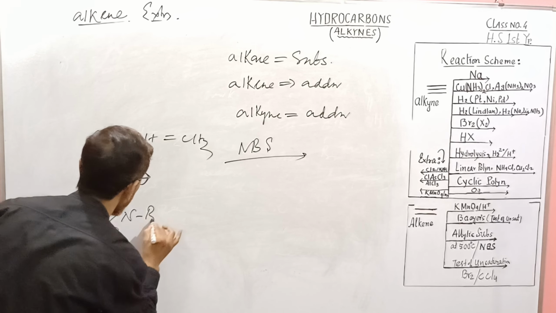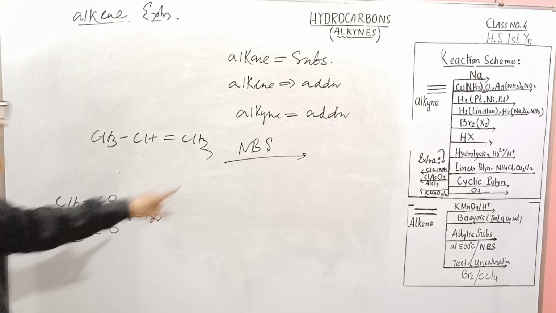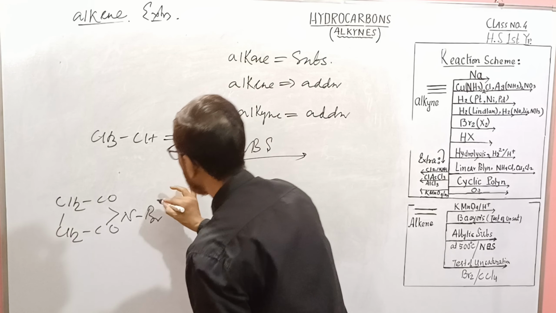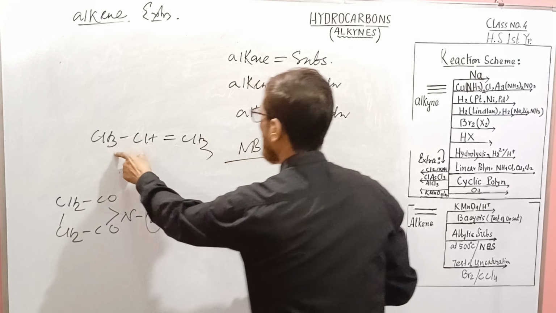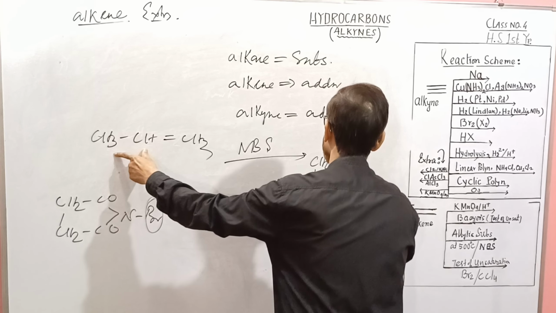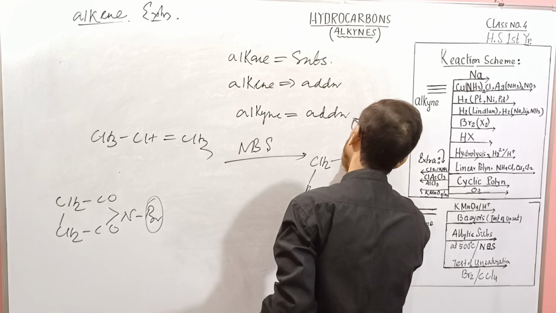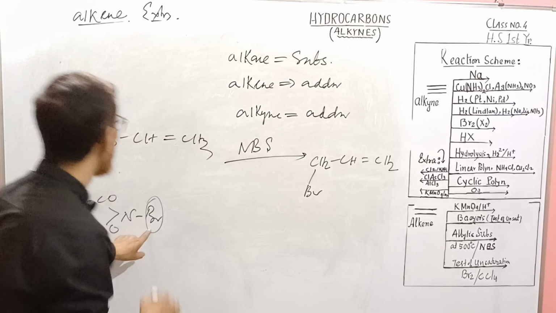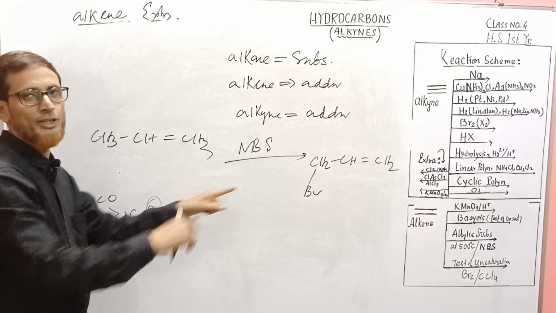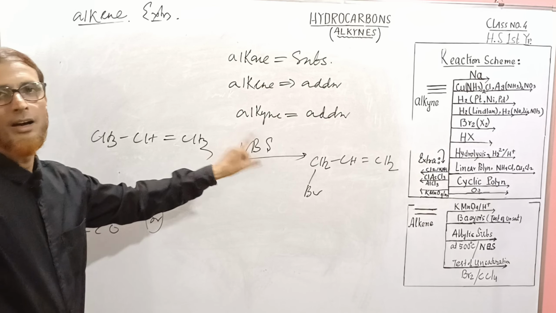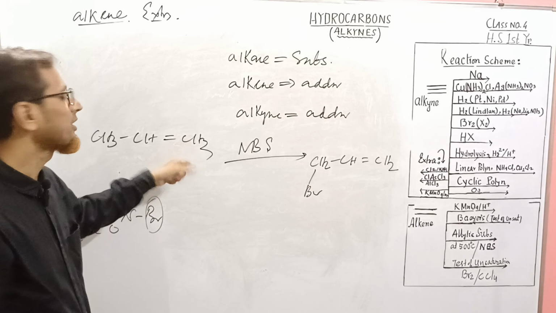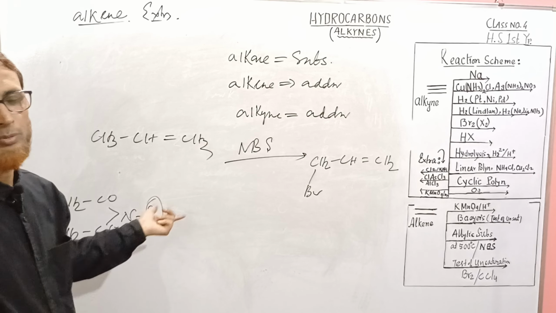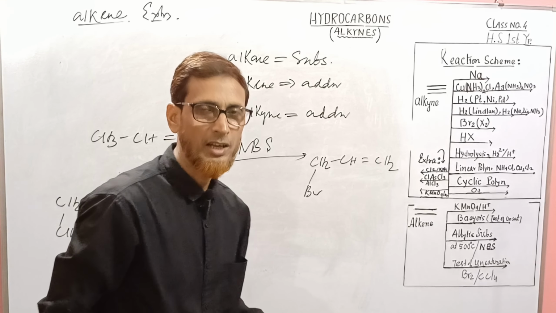When N-bromosuccinimide is used, that is the source of bromine. That bromine will be introduced in this position. Very important one, follow minutely. Whenever you get bromine, you would add bromine here, because already I have shown that bromine reacts with unsaturated compounds very easily. That's why the color fades away after the reaction occurs.